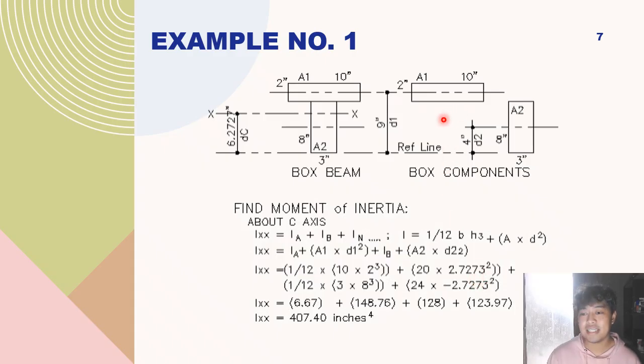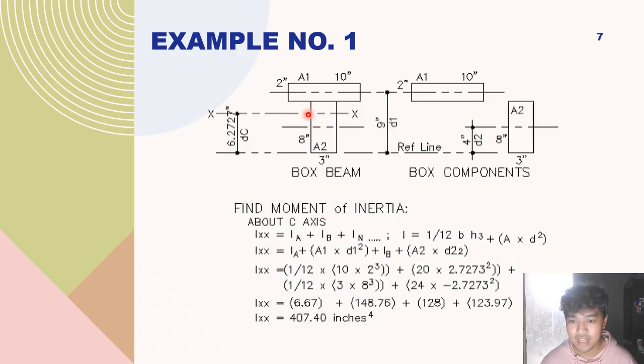So again, since this one is in reference to the centroid, so we have to use the perpendicular distance of the reference point of the first shape, or the centroid of the first shape, towards the centroid of the whole thing. So basically, this one, so you have 9 inches.